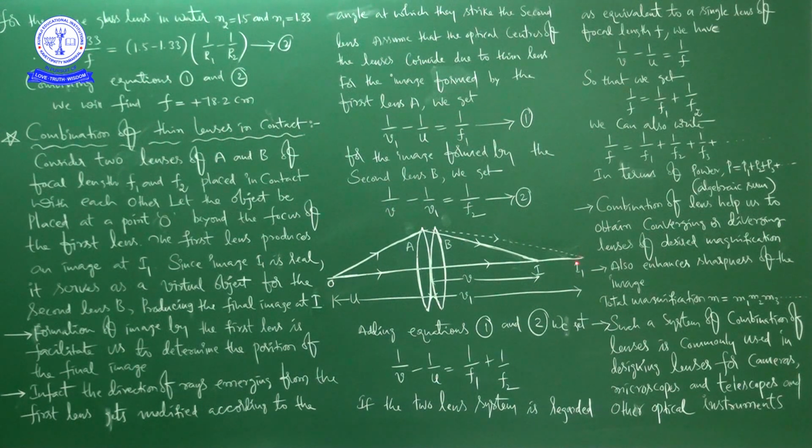Since the image I1 is real, it serves as a virtual object for the second lens B. By acting as a virtual object for the second lens, the final image will be formed at I. Formation of the image by the first lens facilitates us to determine the position of the final image.